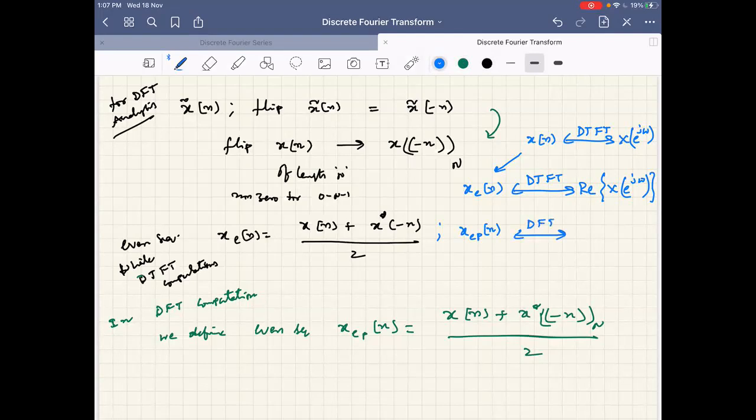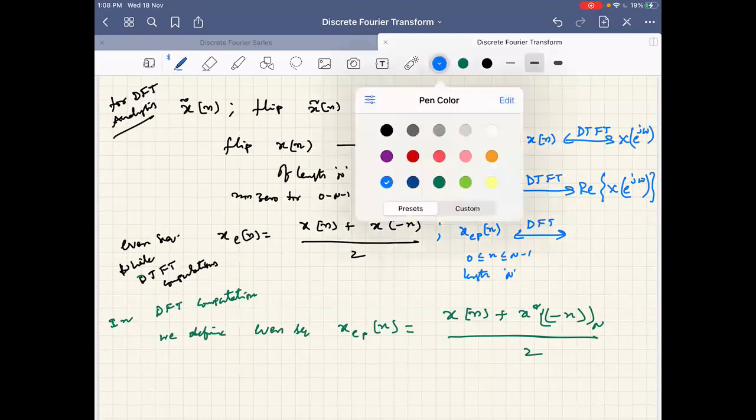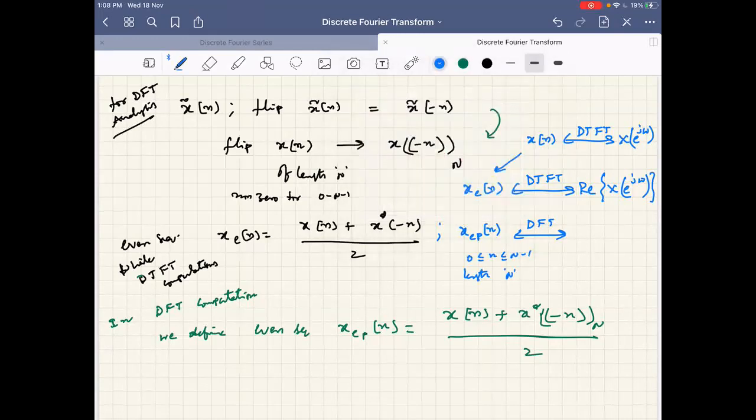When we want to compute the even DFT, we should only take this x_ep of n, where there is a modulo N operation and the whole signal length is 0 to N minus 1, length N. That means all the operations will be performed in 0 to N length.